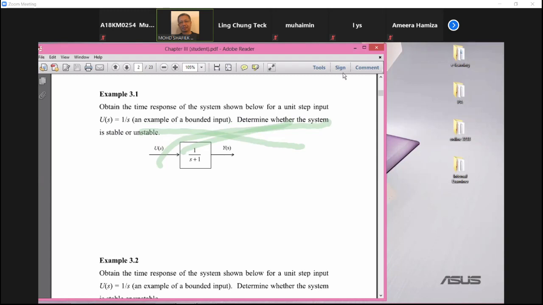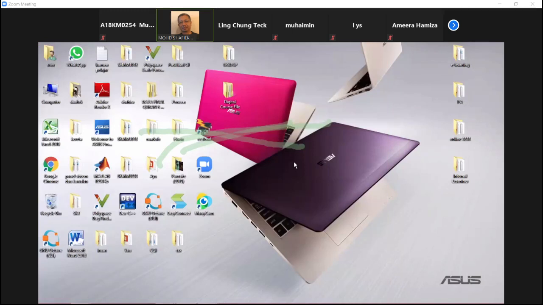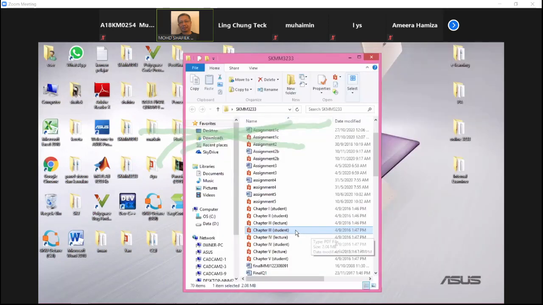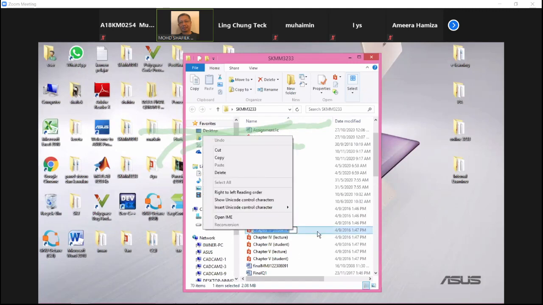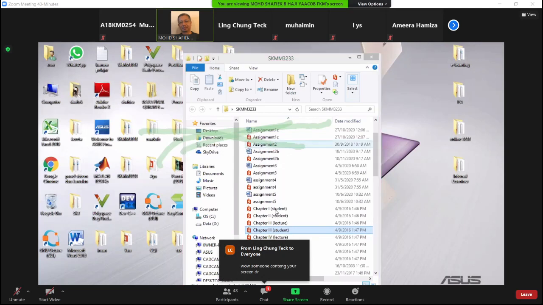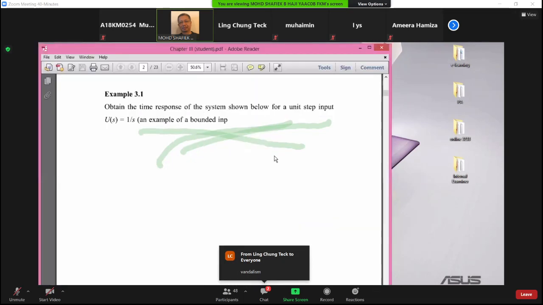What's going on? What's going on with my screen today?